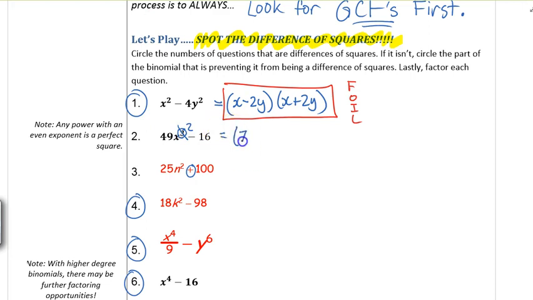So 7x minus 4, 7x plus 4. Done. Okay, I'm going to change this to a minus because we can't do it as a sum of squares. Now it is factorable, but I'm going to give you a hint. Even though these are perfect squares, take a look.